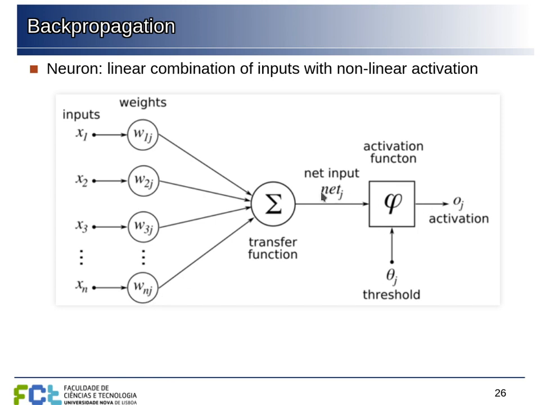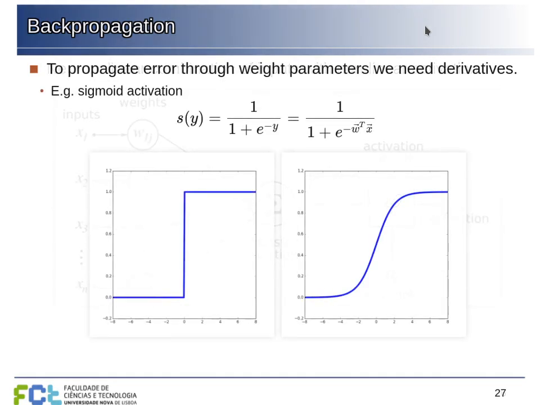So we are propagating backwards this information in order to know how to change each of the weights to reduce the error that we're committing there.